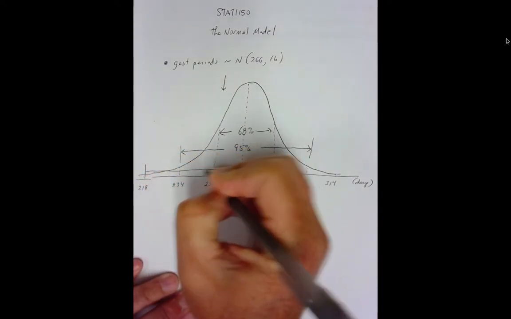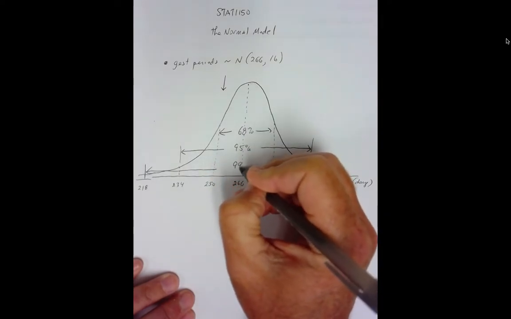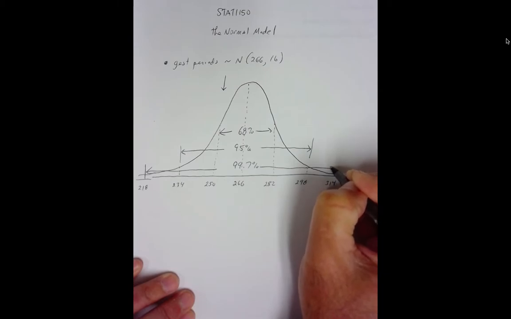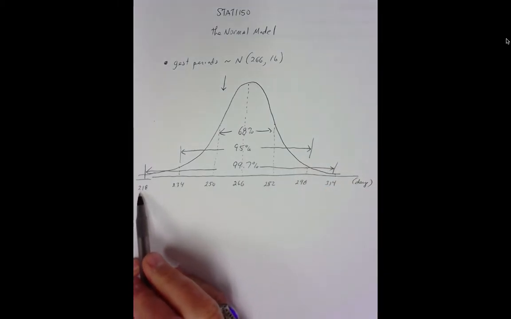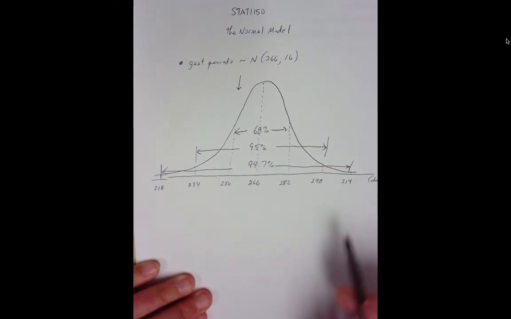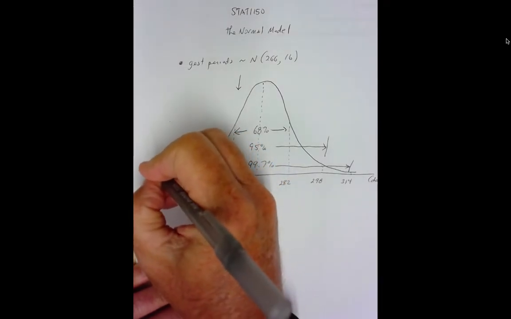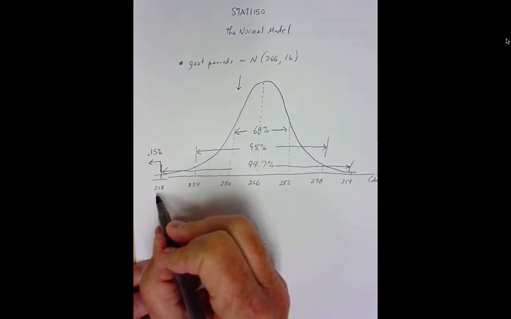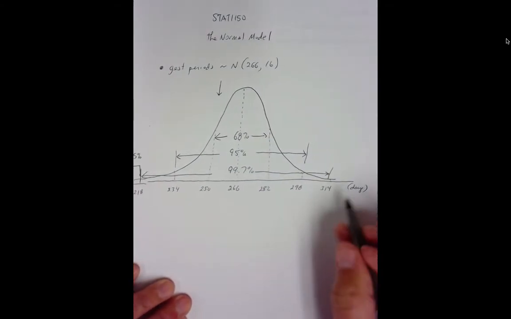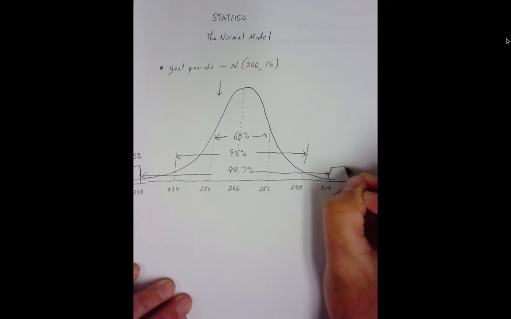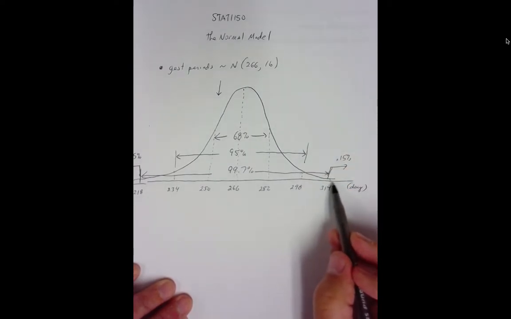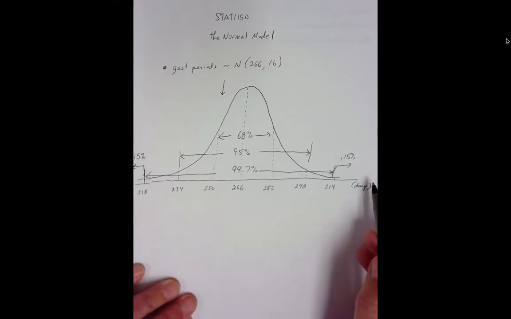Almost all, 99.7%, fall from 218 days to 314 days. It is rare. Only 0.15% of gestation periods last less than 218 days. And it is also rare. Only 15 out of every 10,000 last 314 days or more.